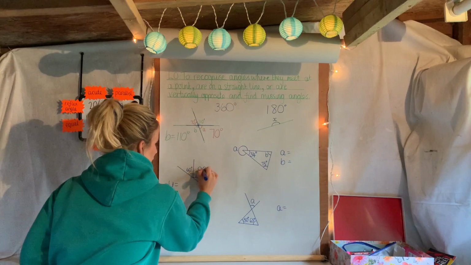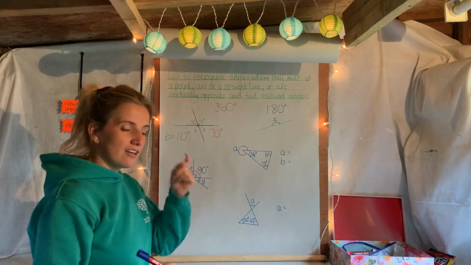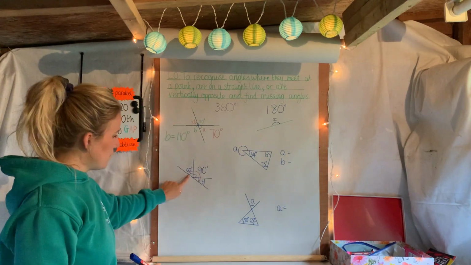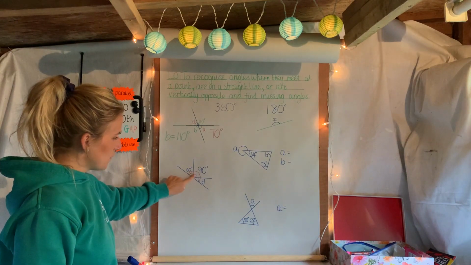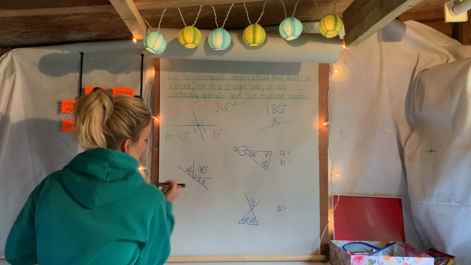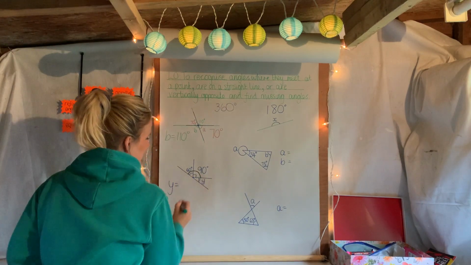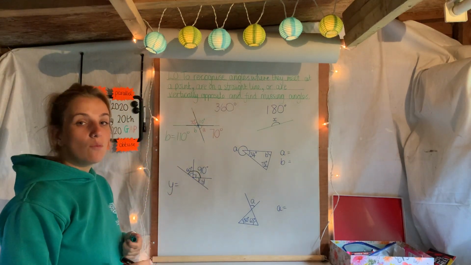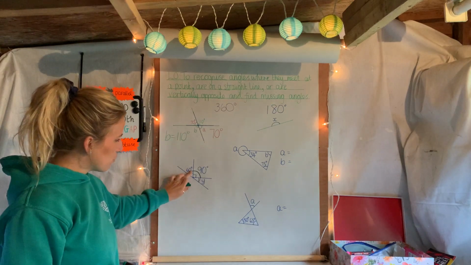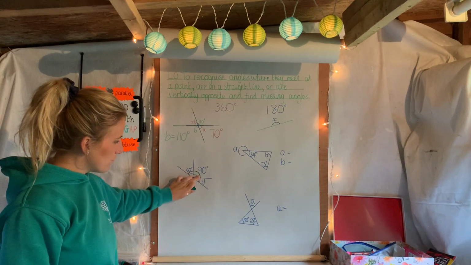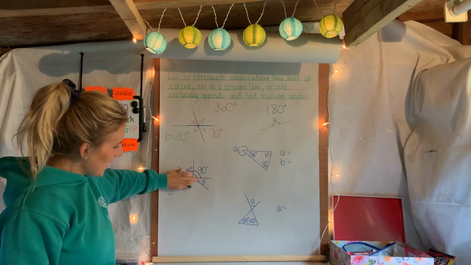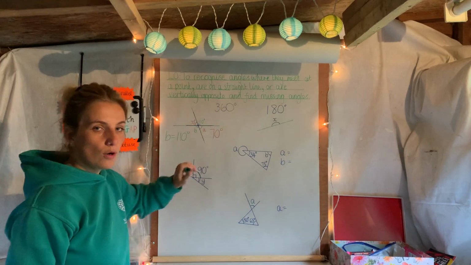So I can write that on my sheet, or I can remember it in my head. So if this one is 60 and this one is 90, then from here to here, 60 add 90 is 150. So if the green bit adds up to 150, what do I need here to make 180?